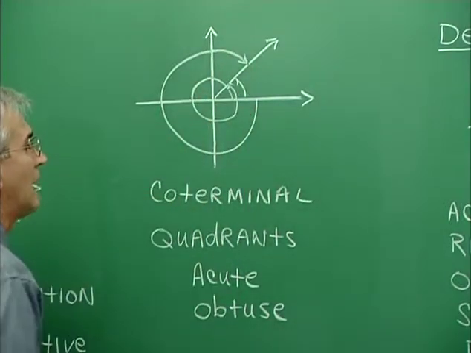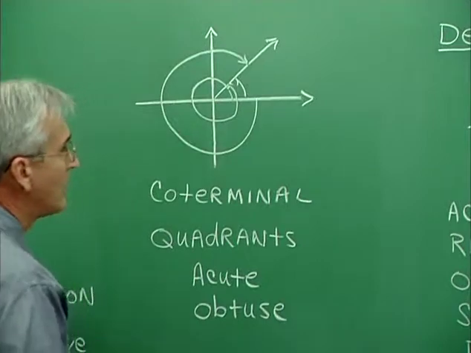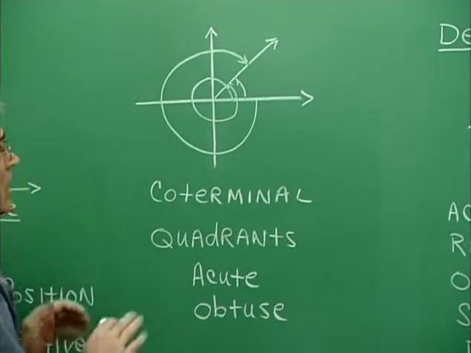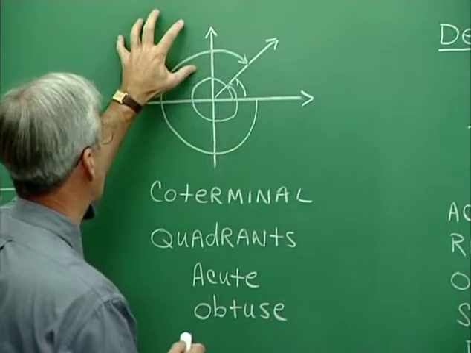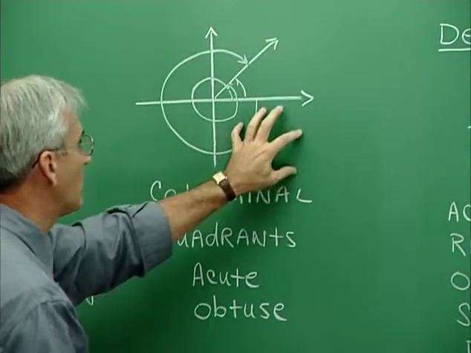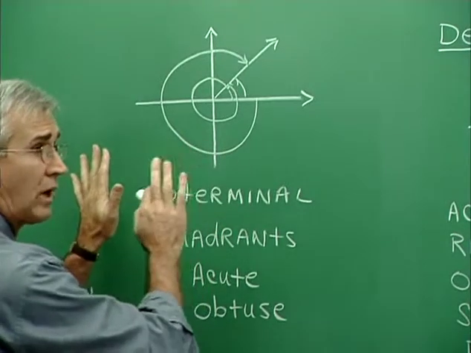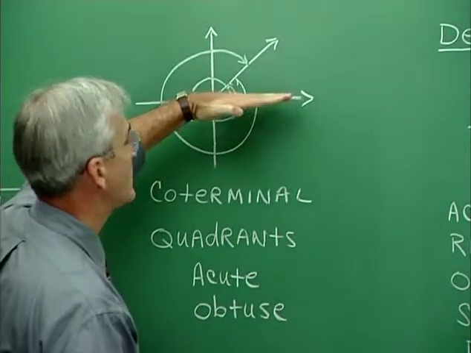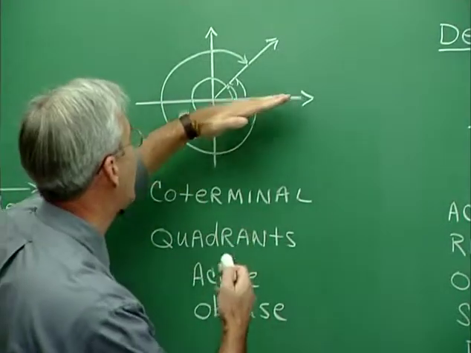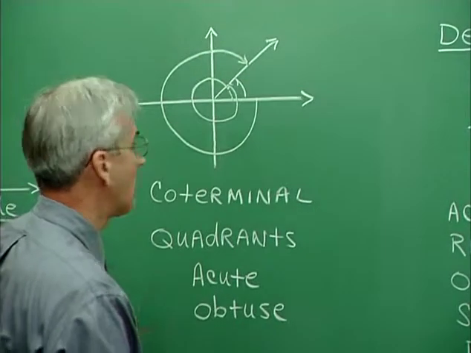So, coterminal angles. Now we know that our coordinate plane is subdivided into four quadrants due to the x and y axes. We have quadrant 1 here, quadrant 2, quadrant 3, quadrant 4. And it turns out that we can label angles according to the quadrants that they fall in. If the terminal side happens to appear in our first quadrant, then the angle is said to be acute.